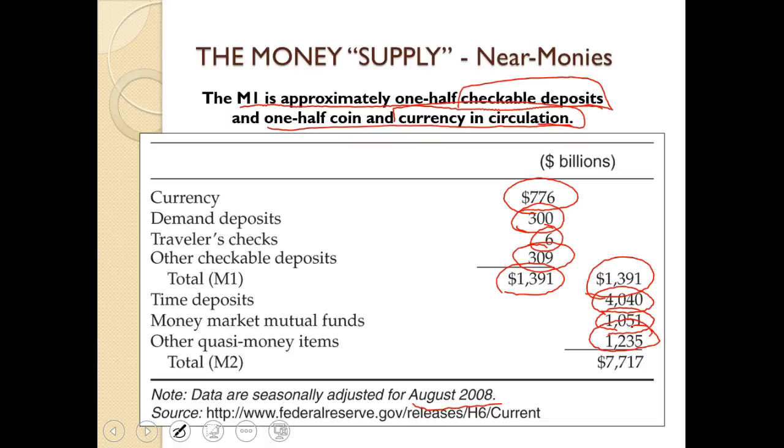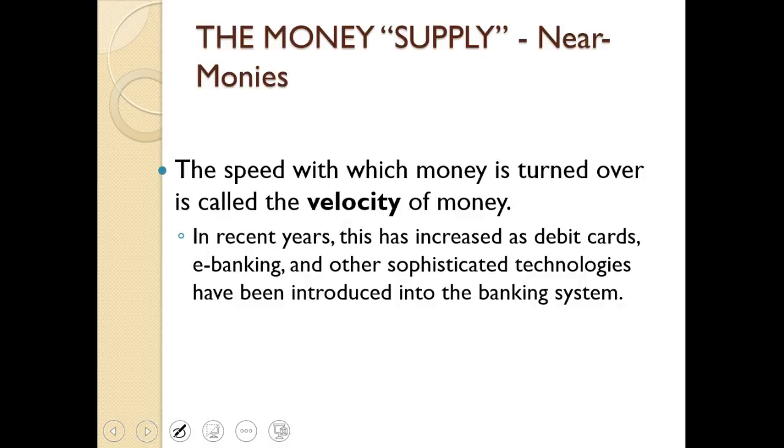You add that all up and you get the M2 money supply total. Now, you can look at the difference between these two. The M1 money supply is approximately a fourth of the M2 money supply.